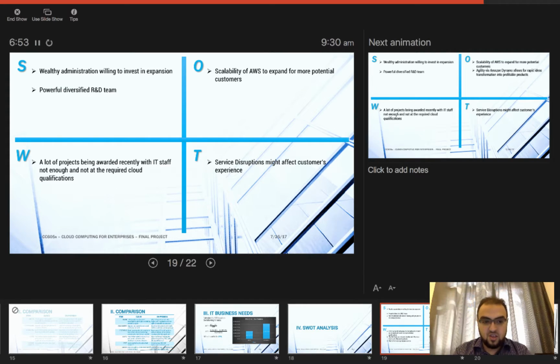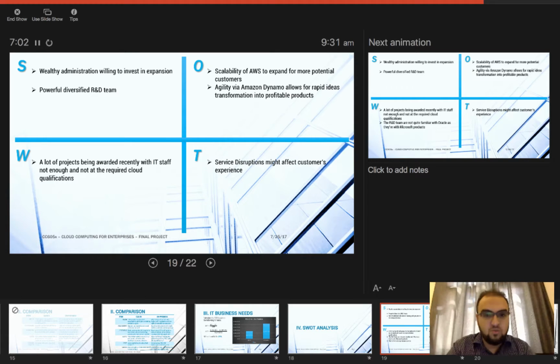The second strength that we have is the powerful, diversified R&D team, and the agility that Amazon provides via Amazon Dynamo. I have read the full article about Amazon Dynamo that was provided during the course.